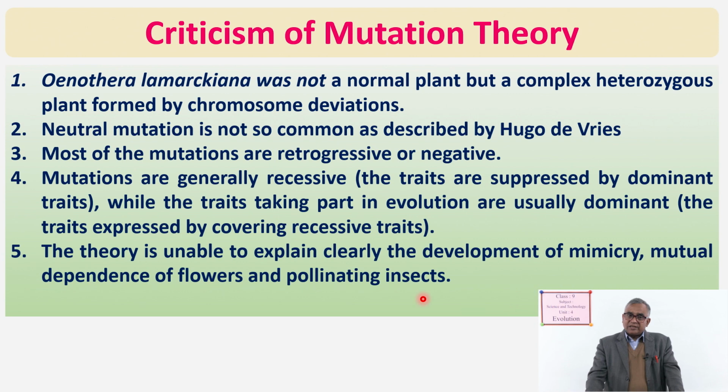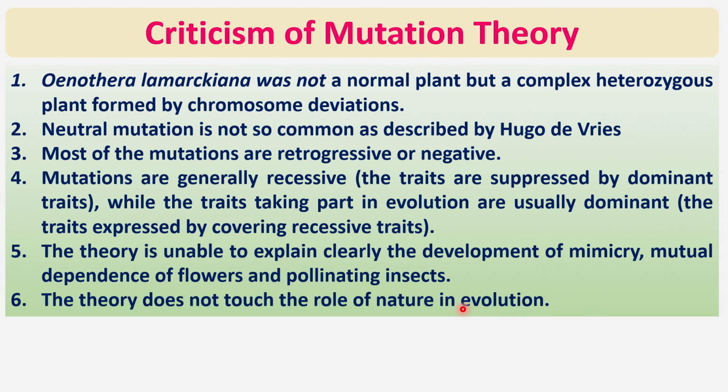So mutation does not explain mimicry. The natural dependence of flowers and pollinating insects is also not explained clearly by this theory. And the last one is that the theory does not touch the role of nature in evolution. So mutation theory may be a part, but there are many weaknesses.